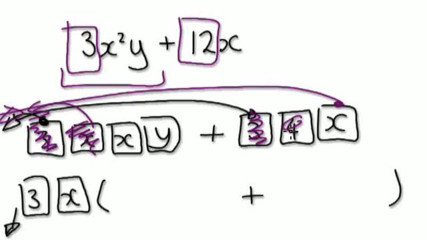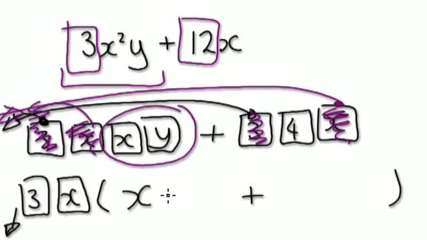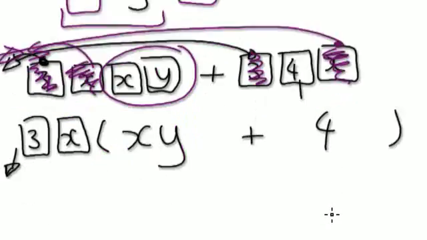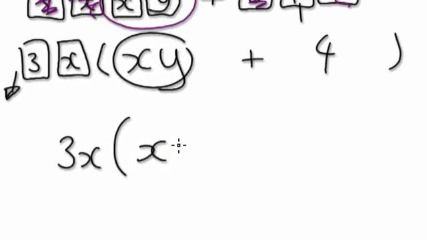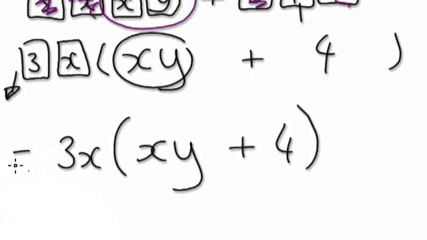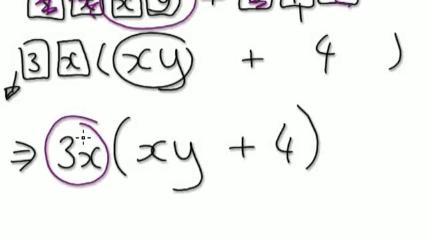So this goes, and this goes. Here, all that's left is x times y, and all that's left here is the 4. Now tidy this up. It becomes 3x bracket xy plus 4. There, you just factorized it, and this happens to be the highest common factor.